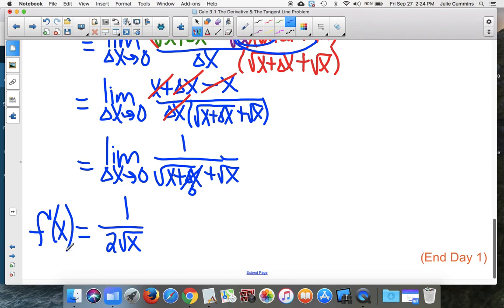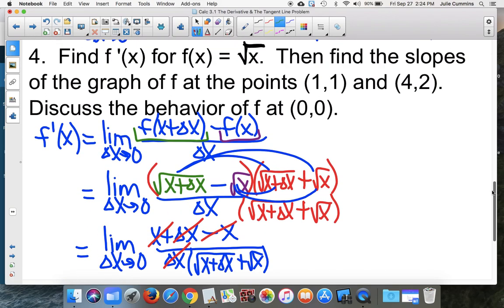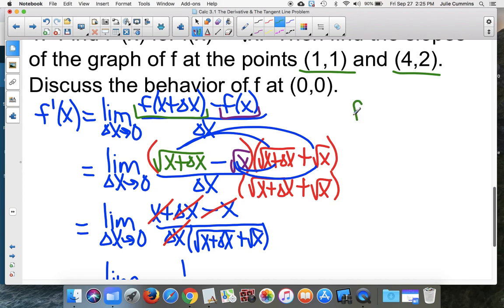Now, the other thing that it wanted us to do when we go back to the original problem is to find the slopes of the graph at the points (1, 1) and (4, 2). Okay, so I'll pull this back up here. So remember, we just found that our derivative was 1 over 2 root x.